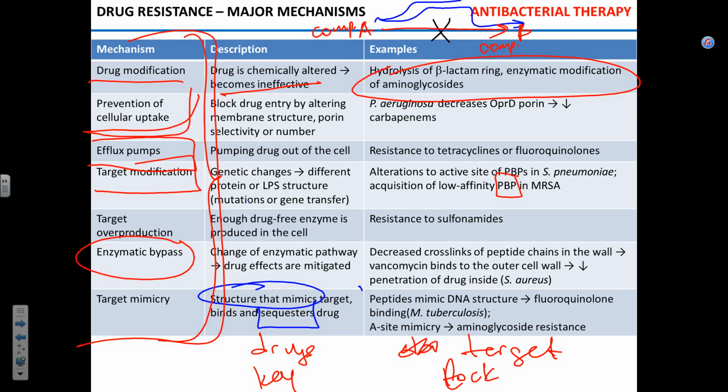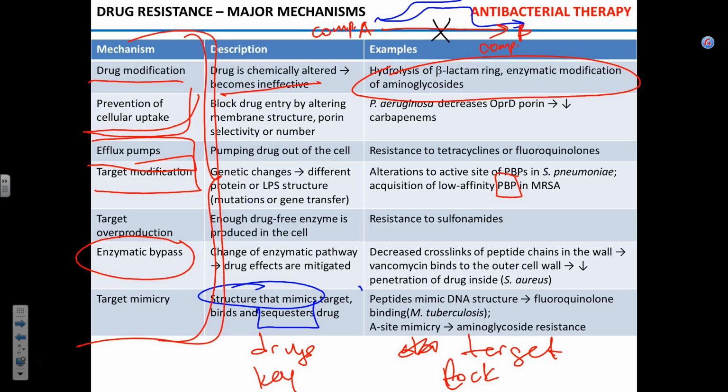Okay? So, what I expect you to understand, I give you a description of some situation in the bacteria, and you recognize what it is. Am I talking about the efflux pump?